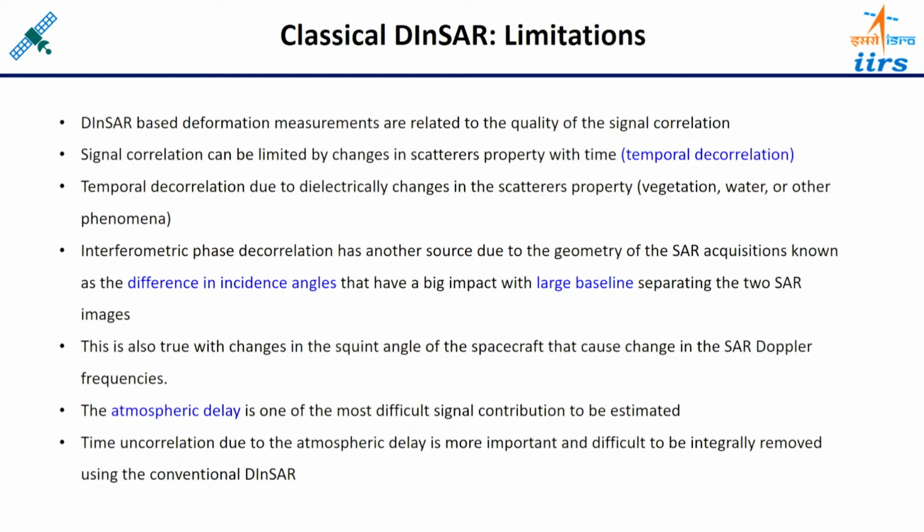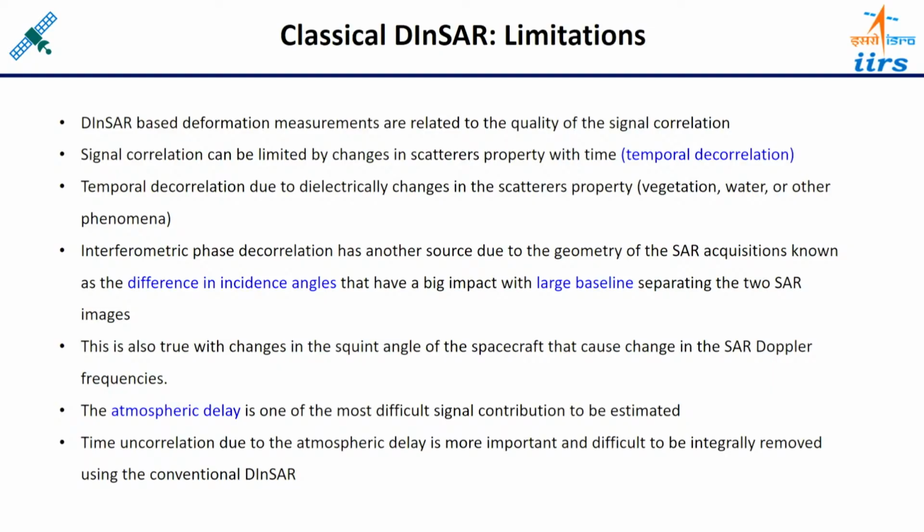If coherence is low, those pixels are not suitable for interferometry, and whatever deformation you calculate over those pixels is not reliable. So it is better to ignore those pixels and only concentrate on the PS and DS pixels.